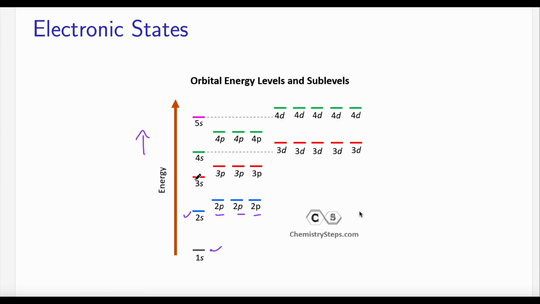Then we have 3s, there is only one state, and then 3p states that I had already mentioned. Next will be 3d. So d will have 5 states, 1, 2, 3, so we have 5 3d states, and all these states have the same energy.